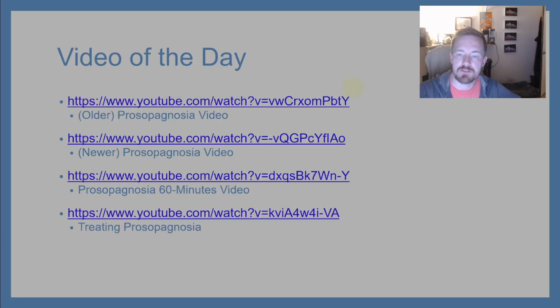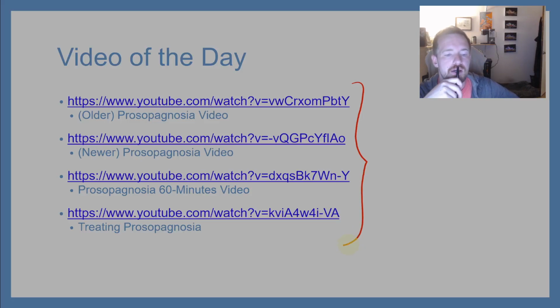I got a lot of videos for you here. If you had to choose one of these 4, I would go with the one that says newer prosopagnosia video. It comes from a news clip where you're going to see a news anchor interview some people that have face blindness. So check that out.